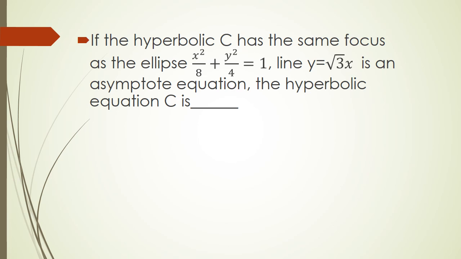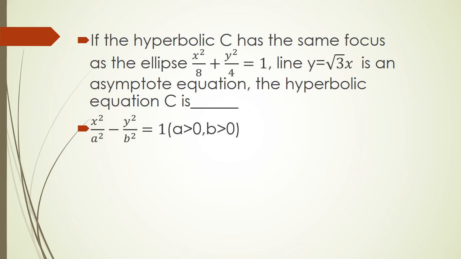Here's the second question. If the hyperbolic C has the same focus as the ellipse x squared over 8 plus y squared over 4 equals 1, and the line y equals the square root of 3 x is an asymptote equation, find the hyperbolic equation C. First, we set C as x squared over a squared minus y squared over b squared equals 1, a greater than 0, b greater than 0.